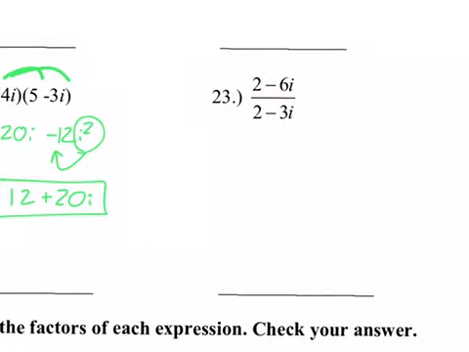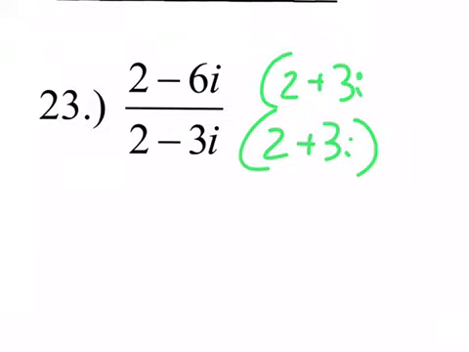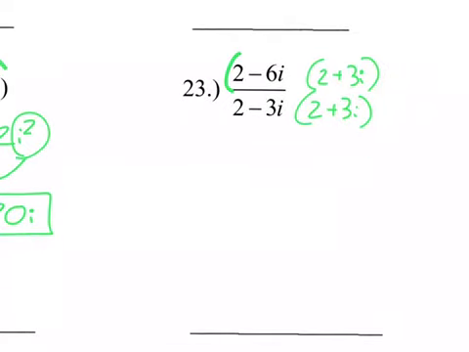So this one here, definitely a good example of typing it in on the calculator. If you wanted to do it by hand, you need to multiply both the numerator and denominator by the conjugate here. You can see the steps for that on the answer key. But if you type this in on the calculator, make sure you put parentheses around your numerators and denominators.